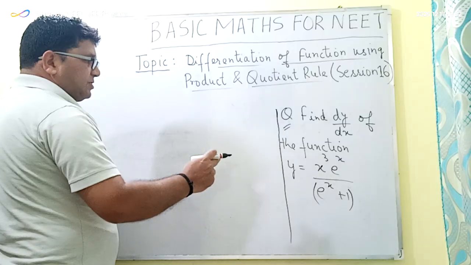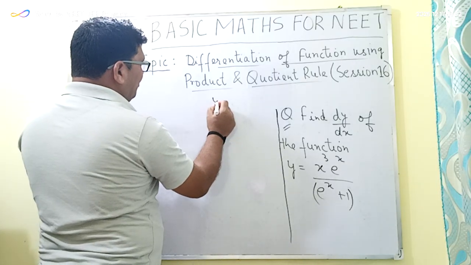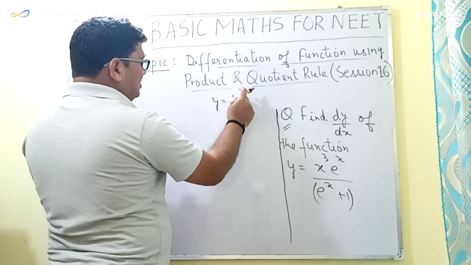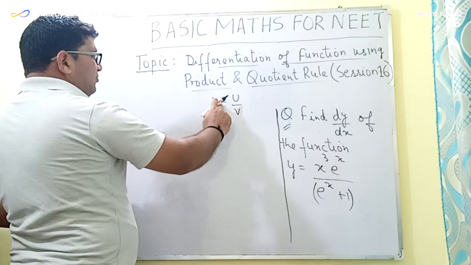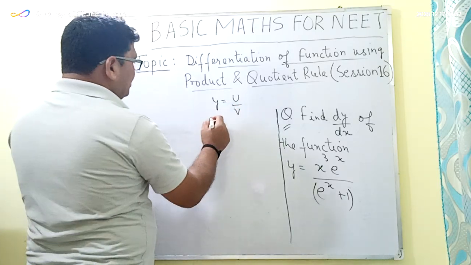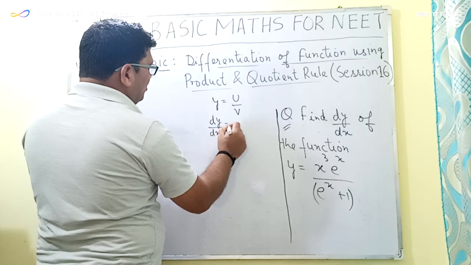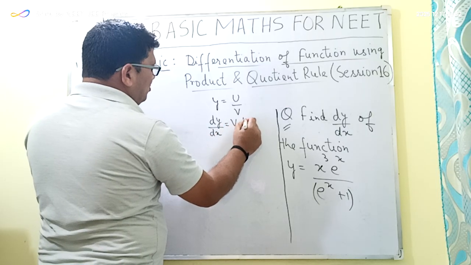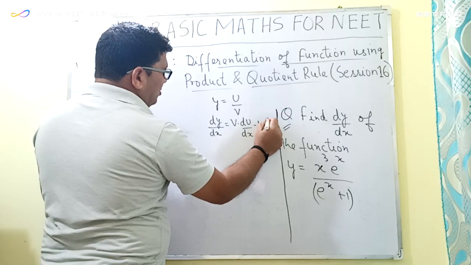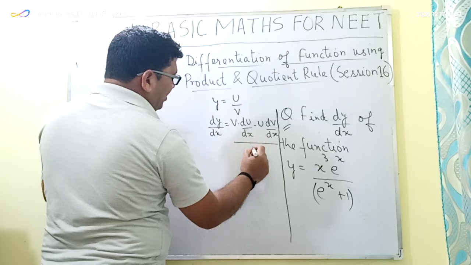In this question, I will first be using the quotient rule, that is, if y is equal to u upon v, where u and v are two different functions, then dy by dx is equal to v du upon dx minus u dv upon dx, divided by v square.